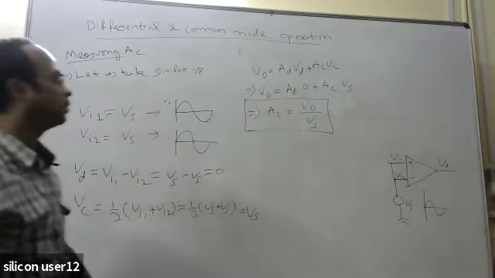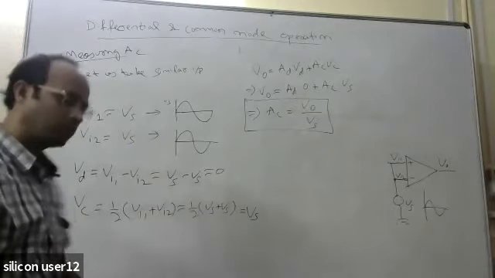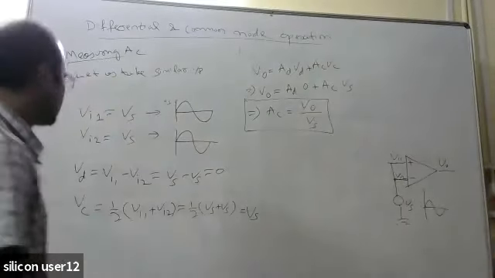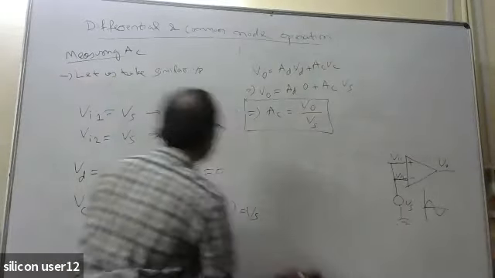Okay, so AC equal to V0 by Vs. Here we'll see one more factor, that is the common mode rejection ratio.